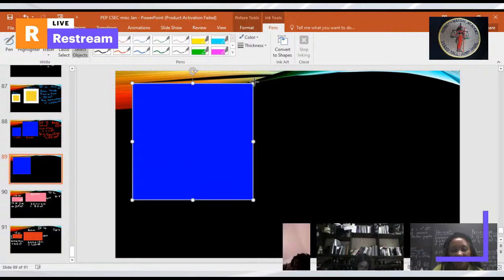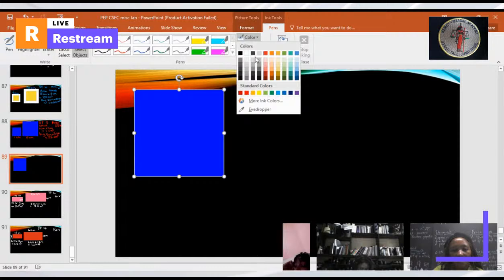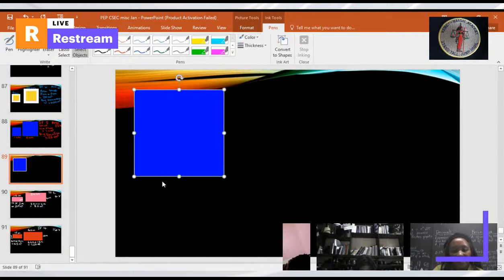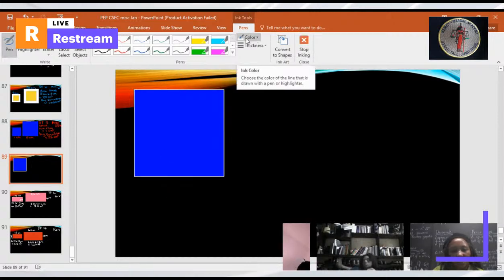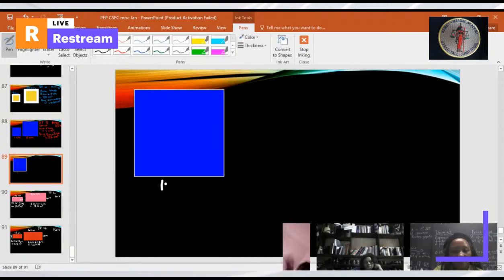All right. So here we have a square. The length of the side is 13 meters.